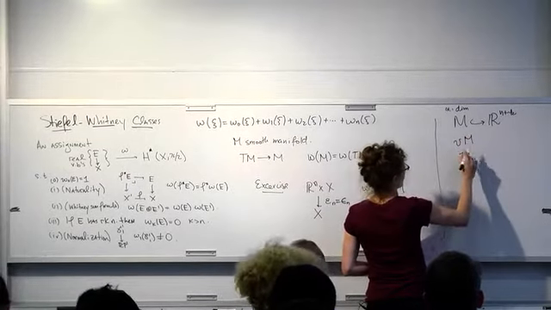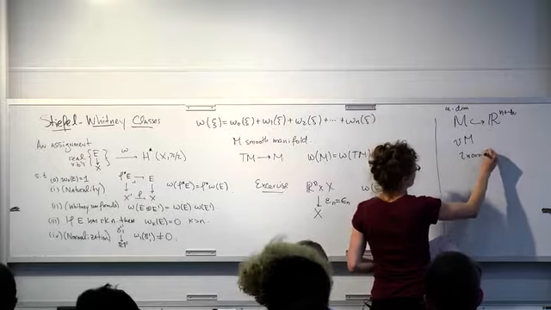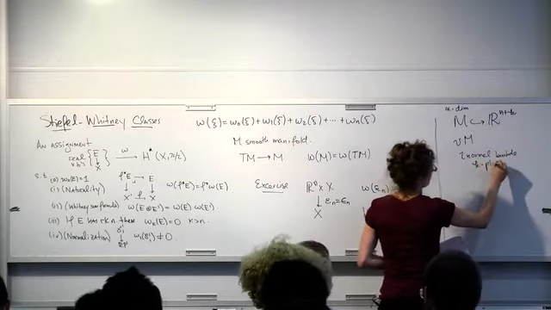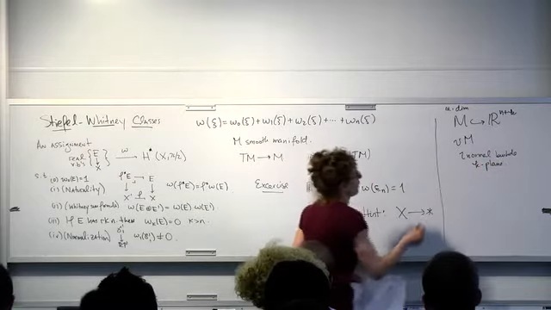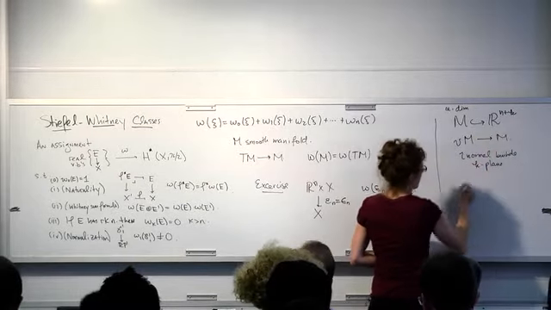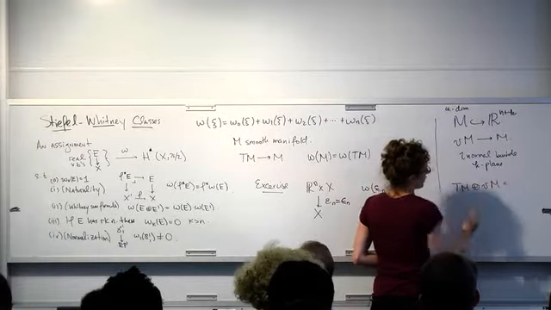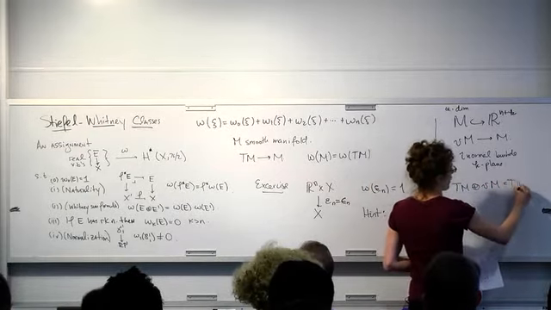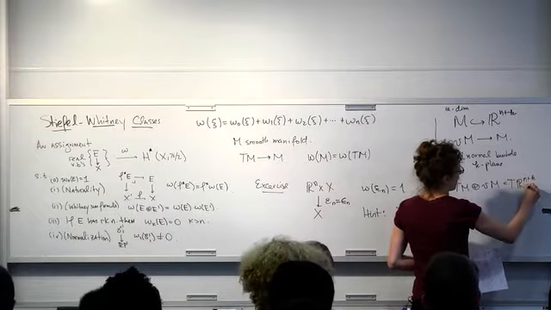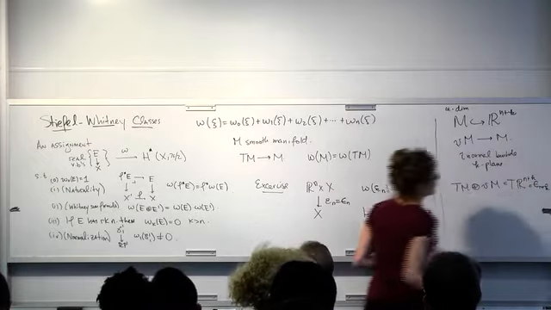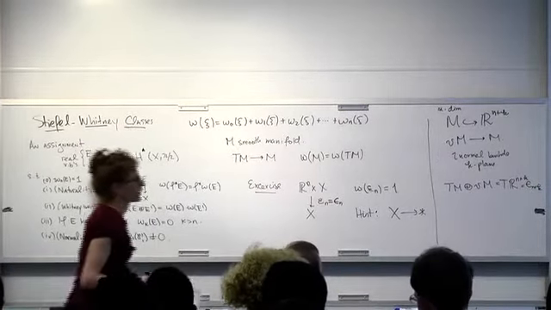This is the normal bundle, and it's a k-plane bundle that lives over M. And if you look at the tangent bundle plus the normal bundle, well, that's the tangent bundle of R^(n+k), and that's an epsilon_(n+k).